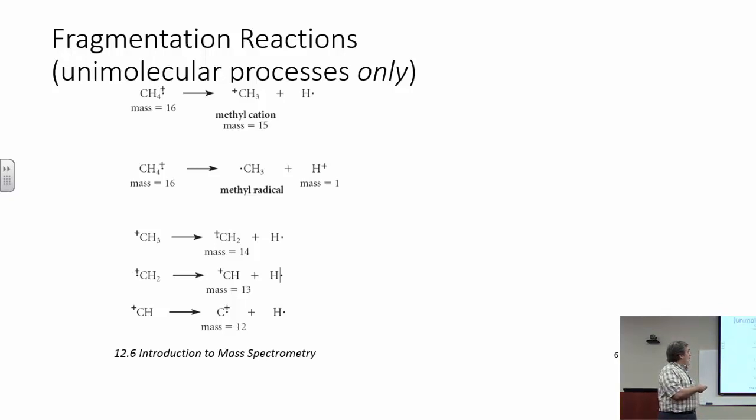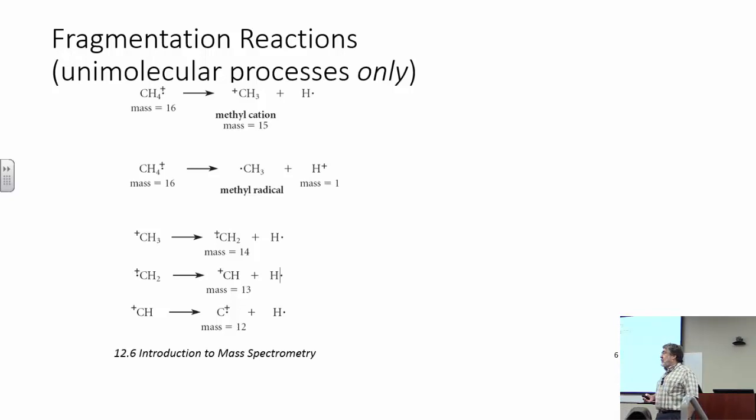Any process that can happen in one direction can also happen in the other direction. The difference is that typically one of those fragmentations is much more likely than the other. And it's all based on stability. It's stability of the products in one process versus the stability of the products in the other. And so the first one is a lot easier than the second one based on the data we saw on the previous slide.